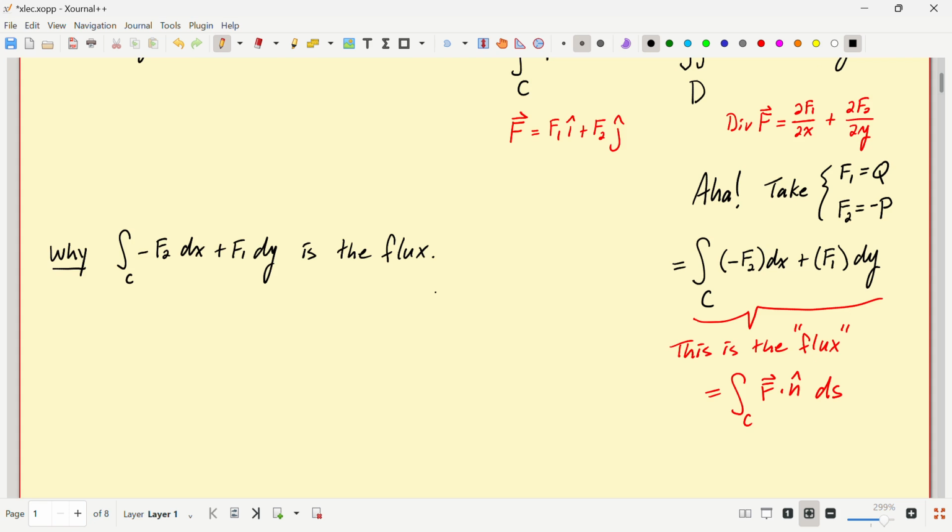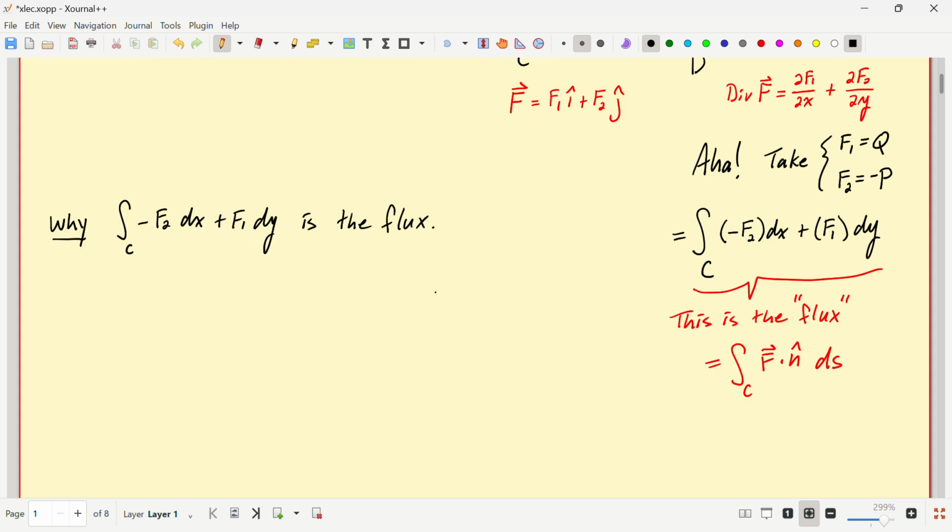Well, I need a parameterization to think about this. Let's let C be parameterized by x of t, y of t, where t is the arc length.